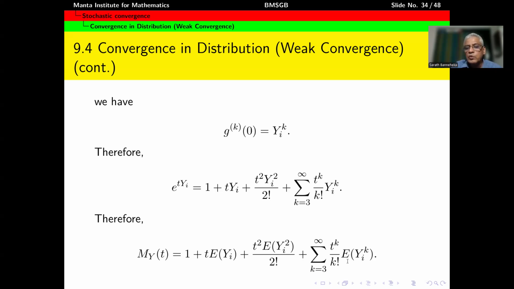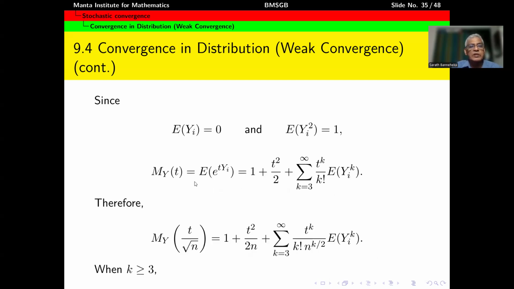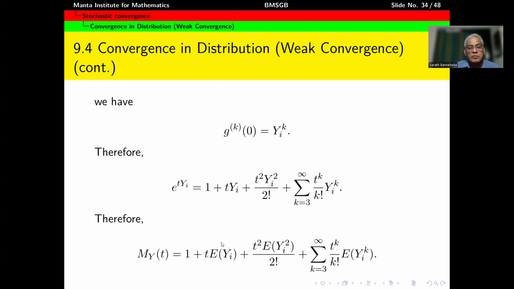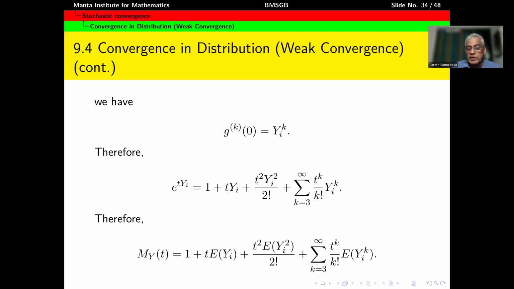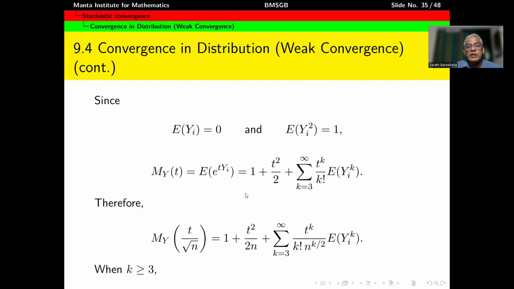And we are not going to substitute quantities for the remaining terms. We are going to just leave it like that because it's going to go to 0 at the end. So we get the MY(t) like this: 1 plus t square over 2, because the first term disappears since the expected value of Y is equal to 0. So we get the second term here and then these terms.